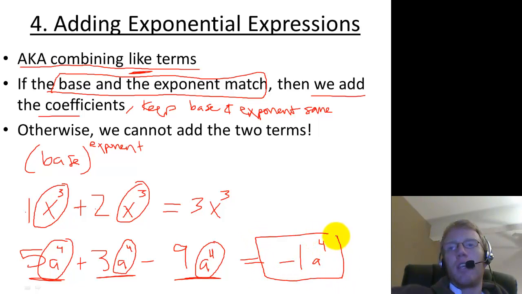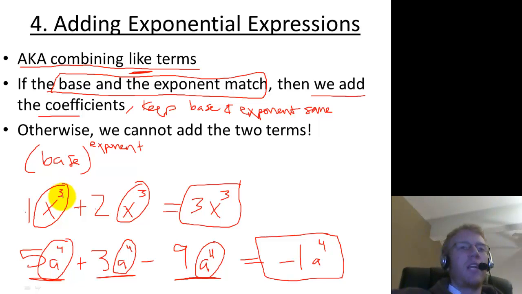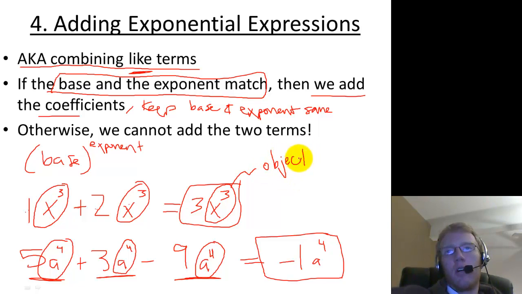So sometimes I like to think of my base and exponent as like an object. So when I look at this, I think x to the third, that's probably like a radio. So I have 1 radio plus 2 radios equals 3 radios. So if you visualize in your head that this whole thing, x to the third, is just some object, could be a radio, could be a fish taco, could be a candy cane, it doesn't matter. 1 candy cane plus 2 candy canes equals 3 candy canes.